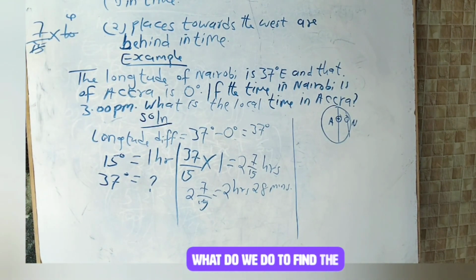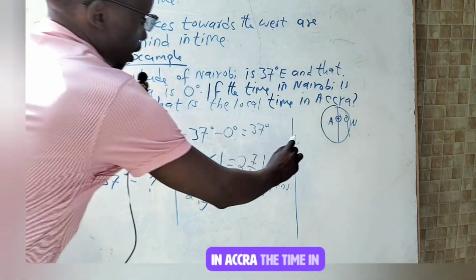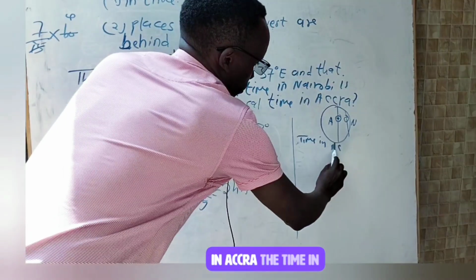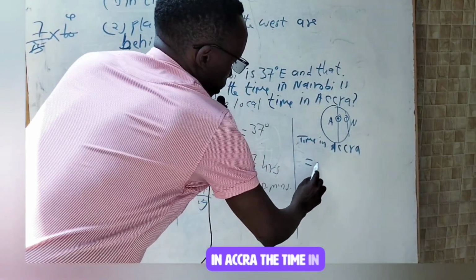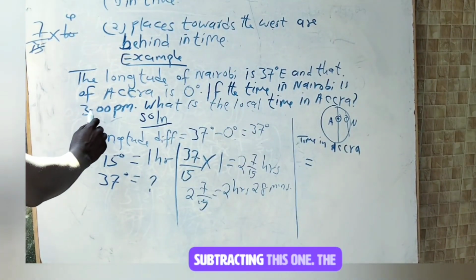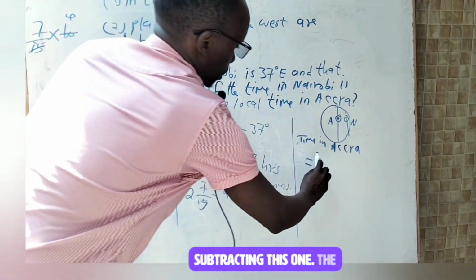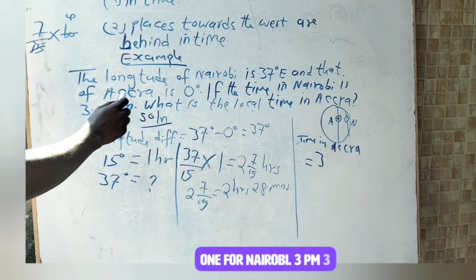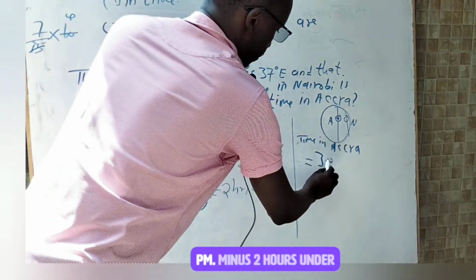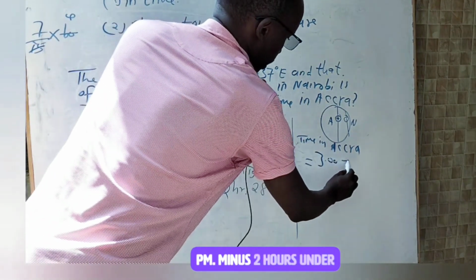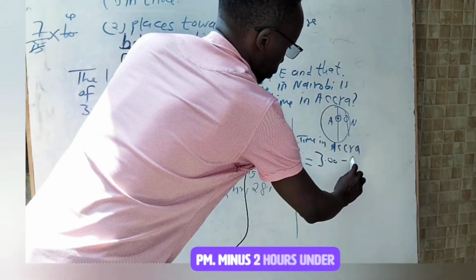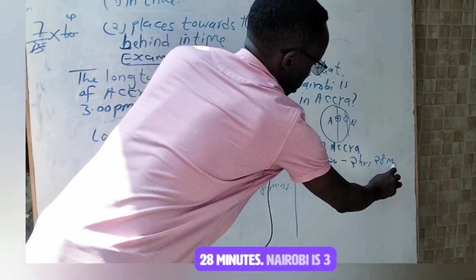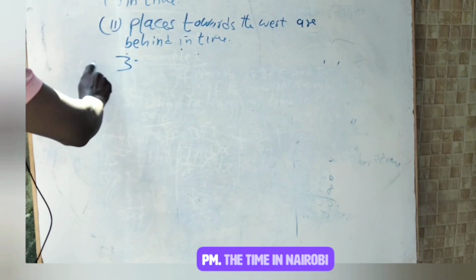So what do we do to find the time in Accra? We find it by subtracting the time difference from the one for Nairobi. 3 p.m. minus 2 hours and 28 minutes.